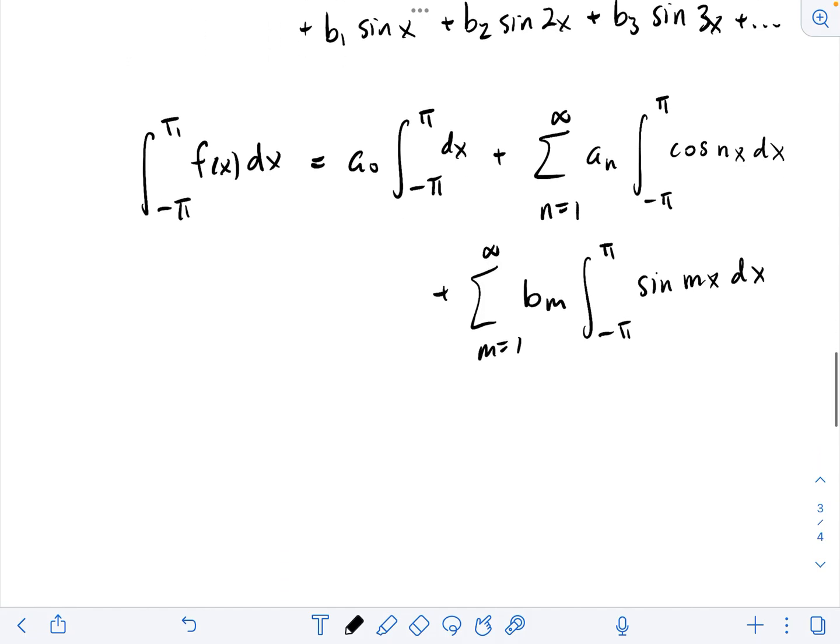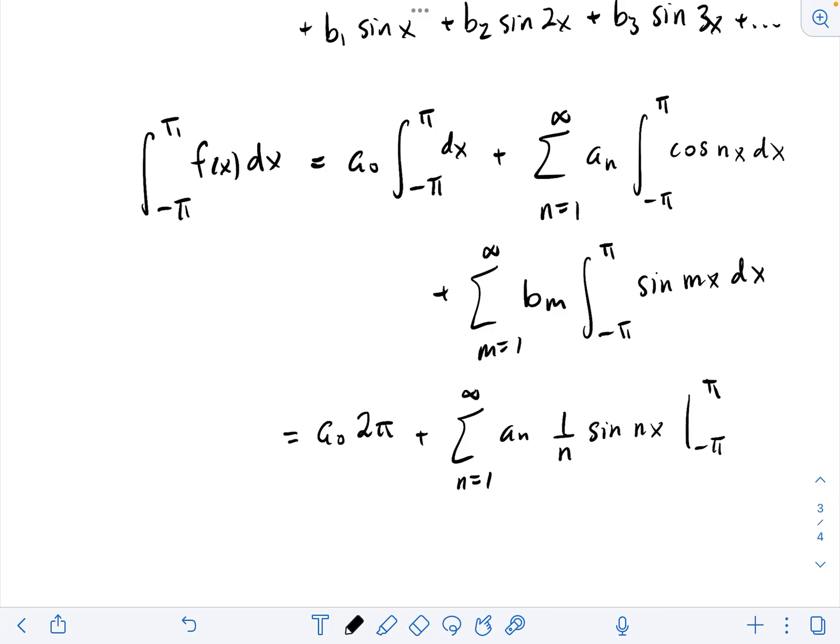Okay, so we have three integrals to evaluate, and what we're going to get is a0 times 2 pi plus the sum from n equals 1 to infinity an 1 over n sine nx from minus pi to pi.